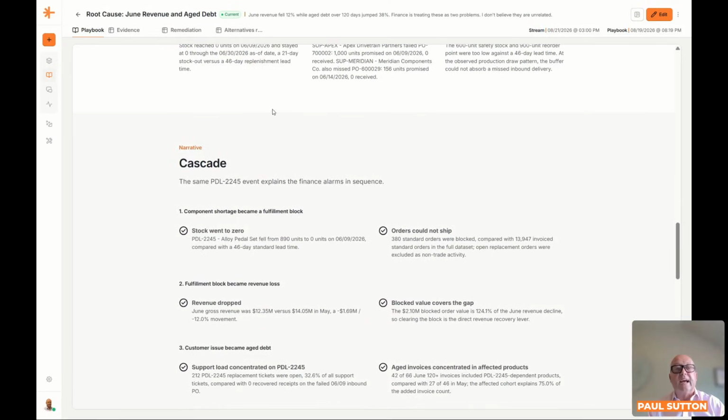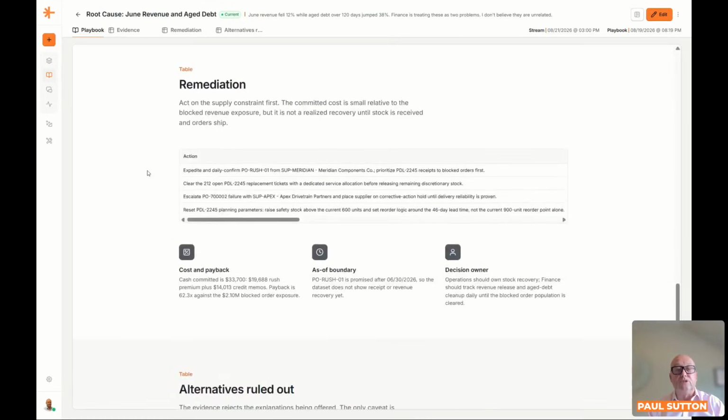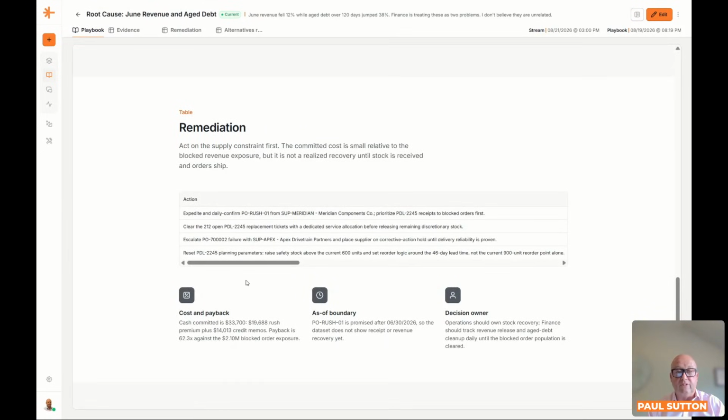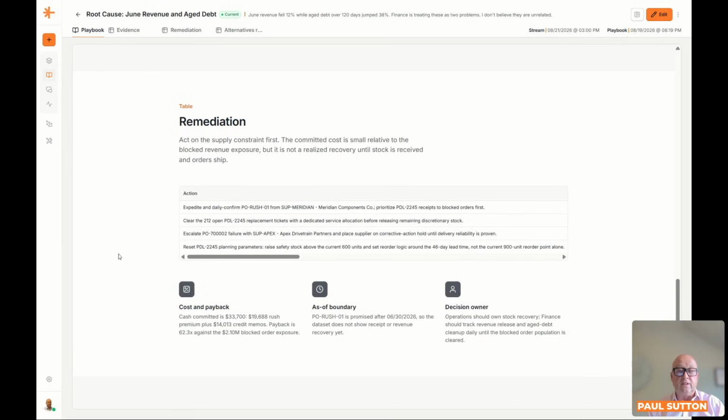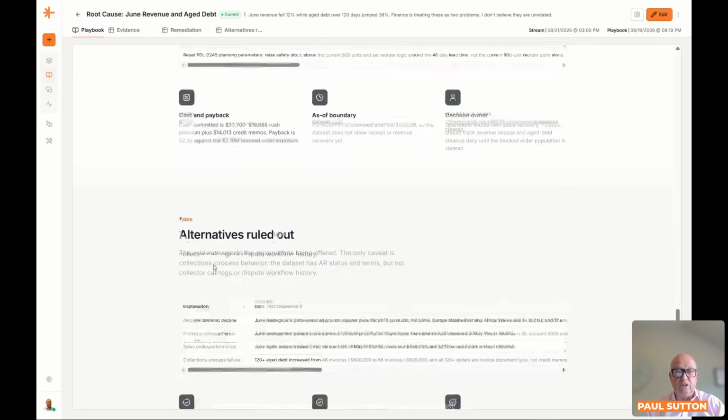And it gives you here the cascade of how this sequence of events happened within the business to create this situation. And it even gives you some suggestions as to what you can do around the remediation. It's saying to commit quickly 33 grand to accelerate the pedals that you need to complete the products. And by doing that, you're going to get a 62.3x return on that money, to unblock the money that sits there just waiting for stuff to be delivered.